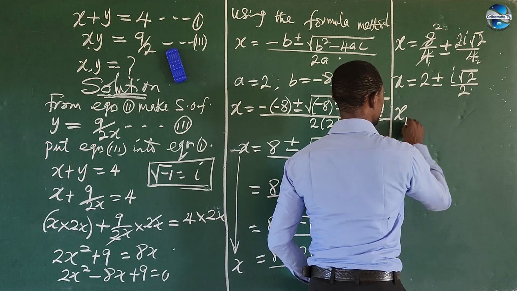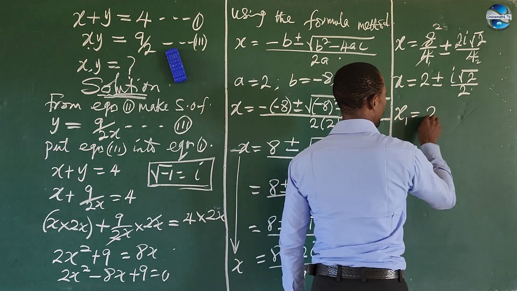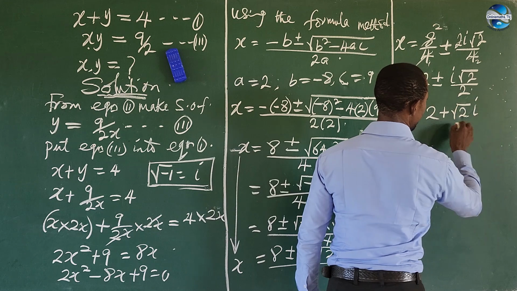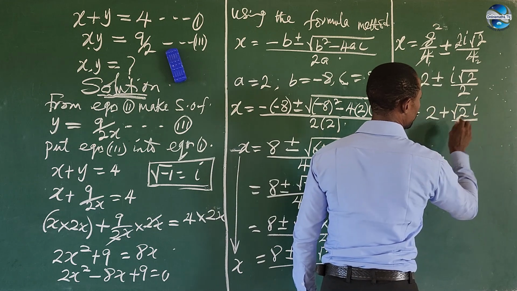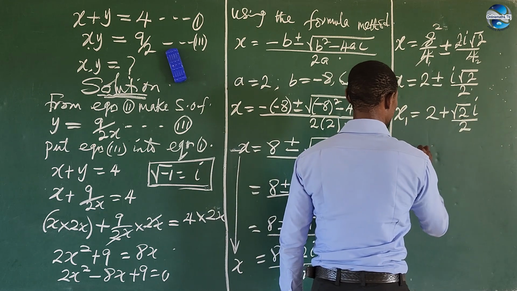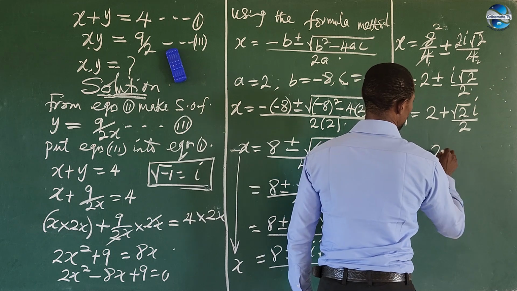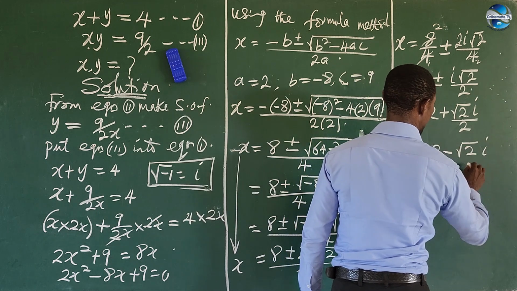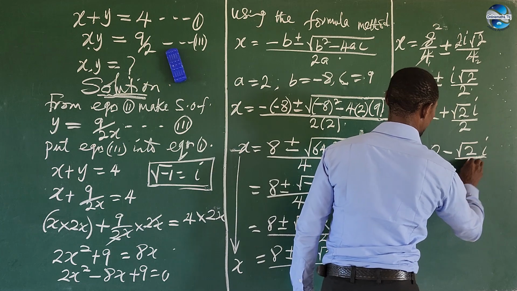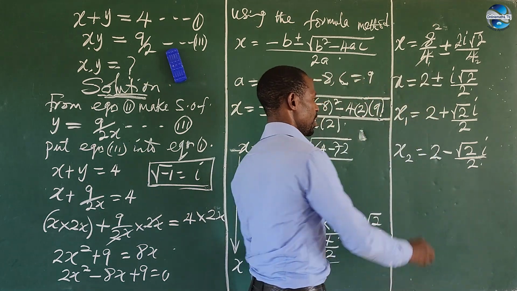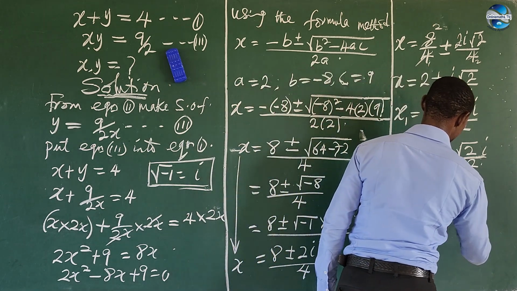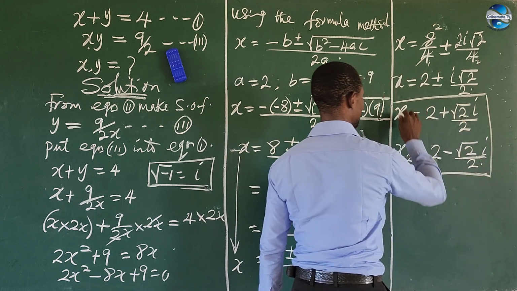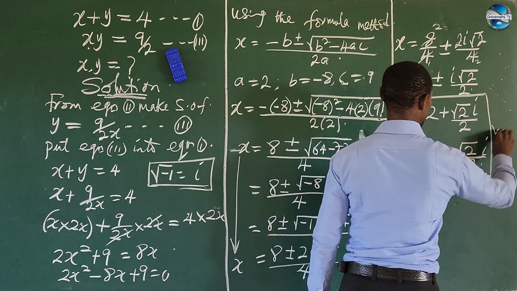We have x1 is equal to 2 plus square root of 2i all over 2, and x2 is equal to 2 minus the square root of 2i all over 2. So these are the values of x that will satisfy the original equation.